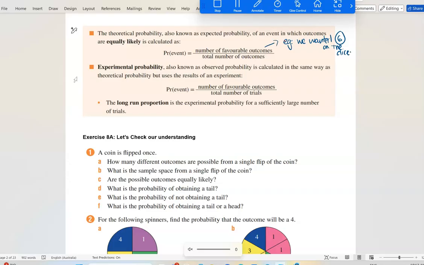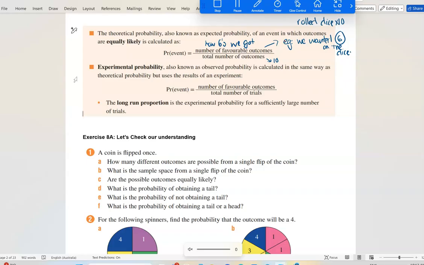Say we rolled the dice 10 times. If we wanted a 6, we count how many 6s we got out of those 10 times. The total number of outcomes is the 10 in our example, and the top is how many 6s we got. Does that make sense? That's how we work out that probability.